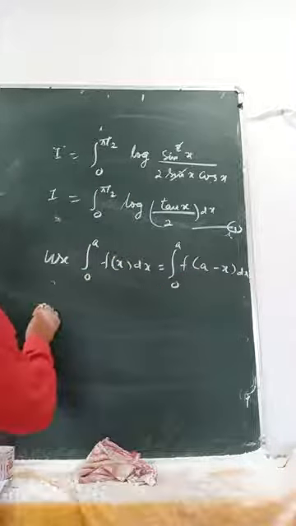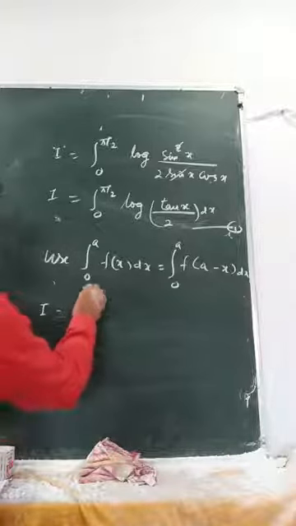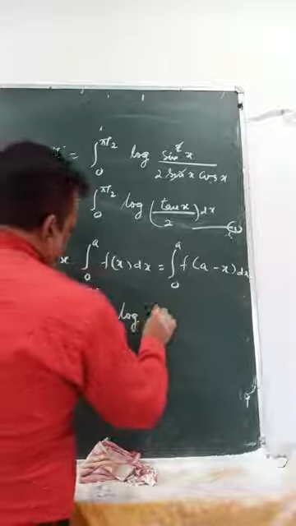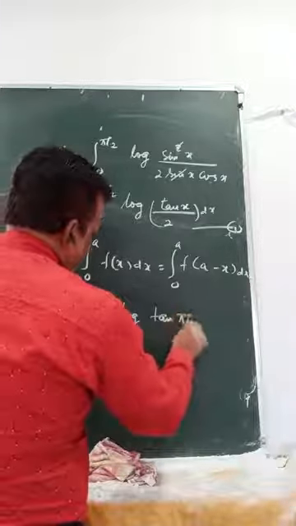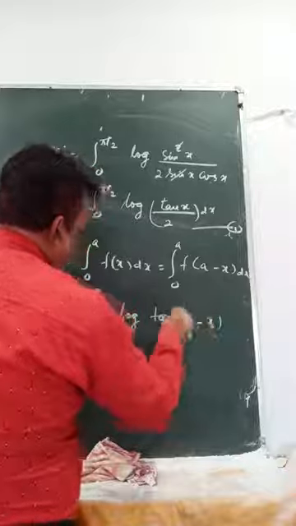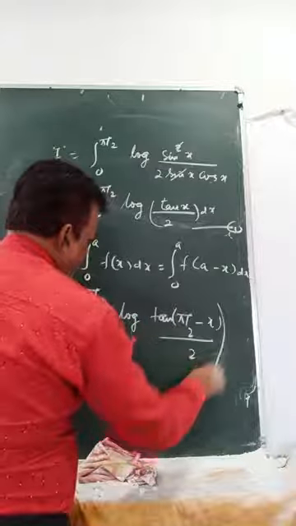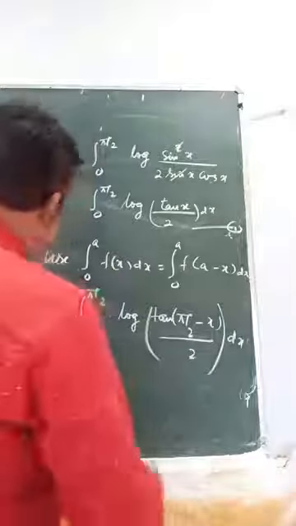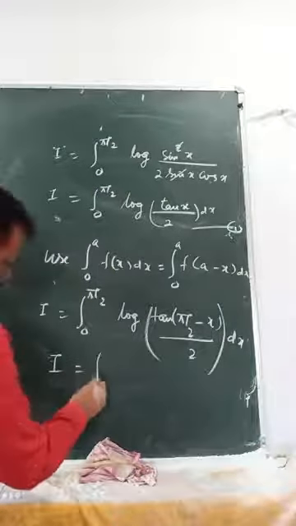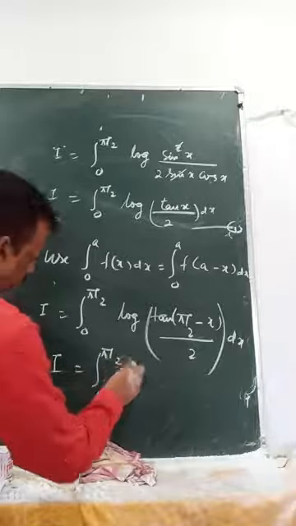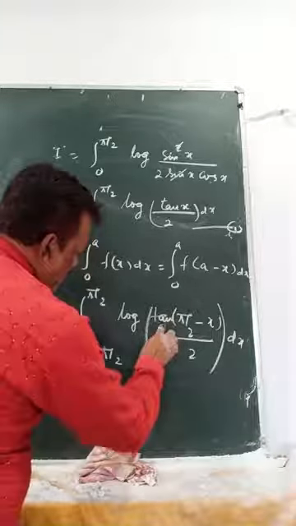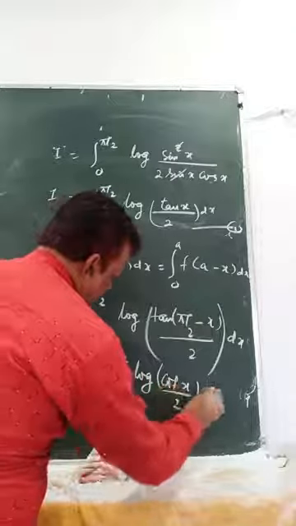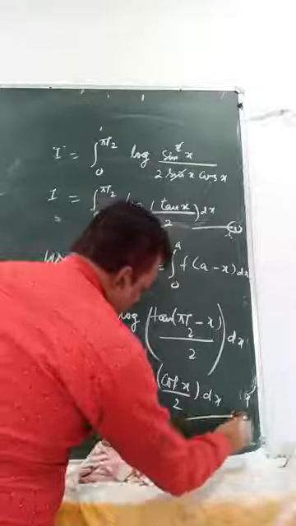So I equals integral 0 to pi by 2 of log tan(pi by 2 minus x) by 2. What is tan(90 minus theta)? Cot theta. So I equals integral 0 to pi by 2 of log cot x by 2 dx. Now this is your equation number 2.